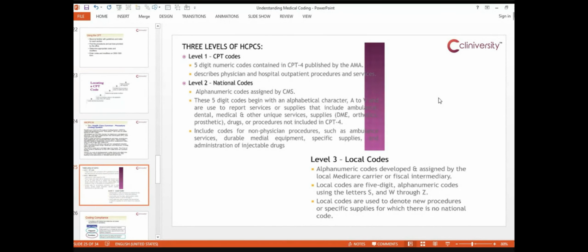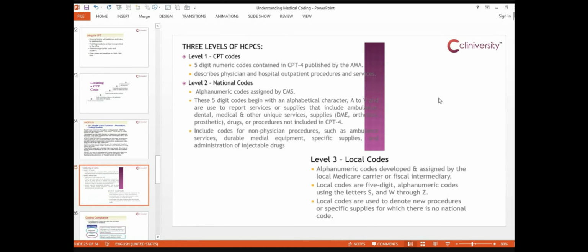And these are used to report services or supplies that include ambulance, dental, medical, and other unique services, any other supplies if provided to the patient, and drugs or procedures not included under the CPT-4 dictionary. It includes codes for non-physician procedures also, like any ambulance service provided to the patient for bringing them to or dropping them home, or bringing them from home to the hospital.